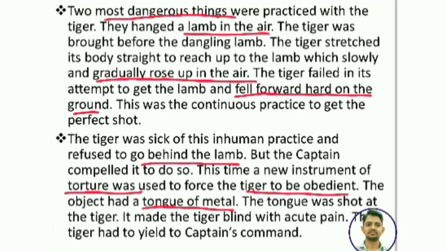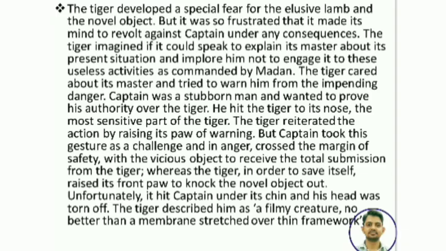That tongue had electricity in it, and it left the tiger blind with acute pain. Afterward, the tiger had to submit itself and be submissive. The tiger developed a special fear for that lamb and that novel object. Novel means the new object.